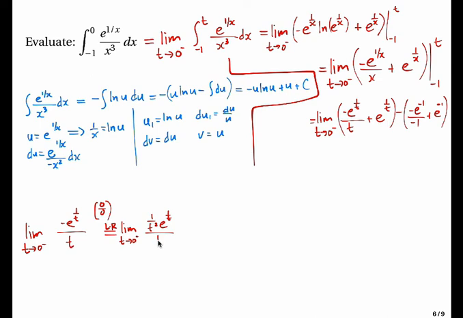And what you see here is actually limit as t approaches 0, and then e raised to 1 over t divided by t squared. And as you can see, instead of making this simpler, it gets more complicated.